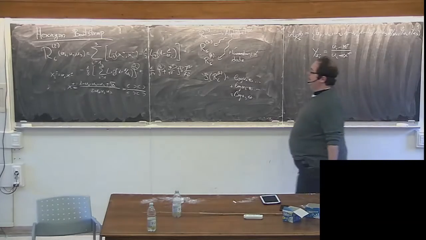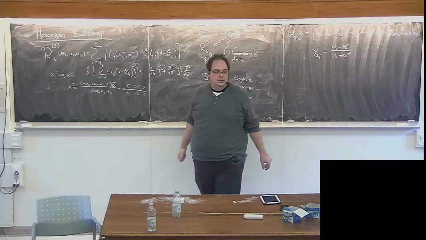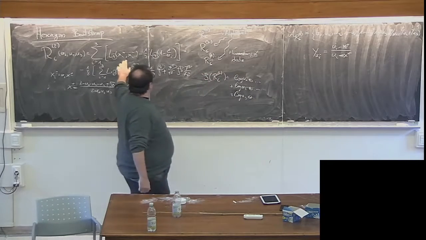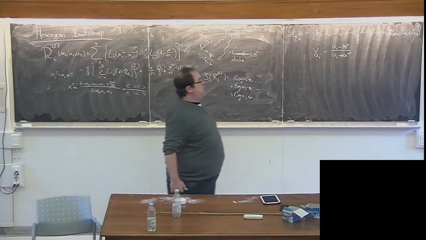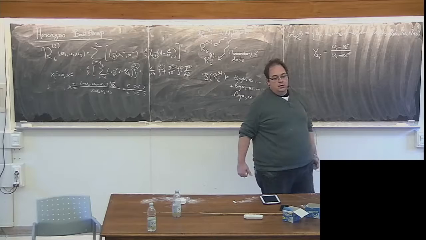Okay, so I trade x plus and x minus for these y's. This is just by computing the symbol of this thing, massaging it a bit, and you see that that's what comes out.